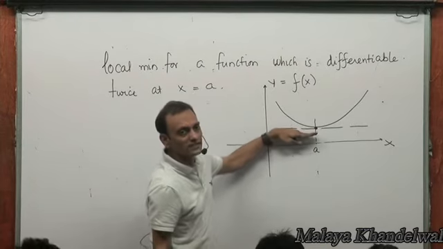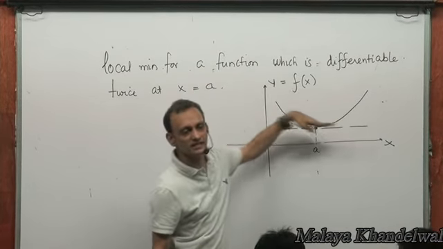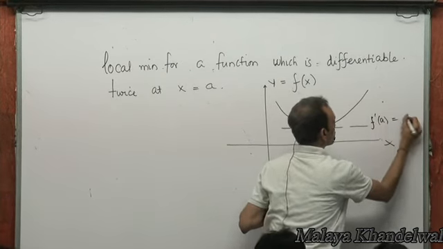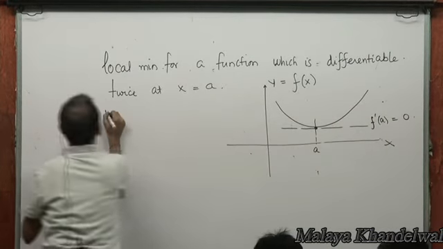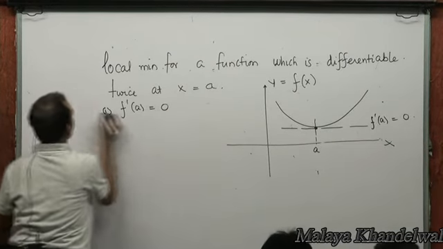Again, if it has a local minimum at x equal to a, f dash a must be 0. That's a necessary condition. f dash a must be 0. This is a necessary condition.